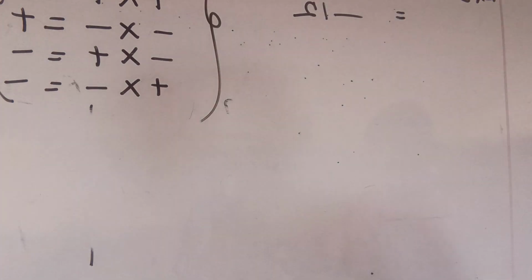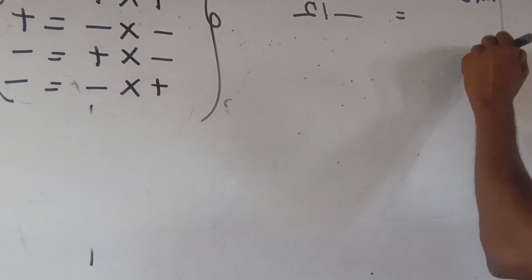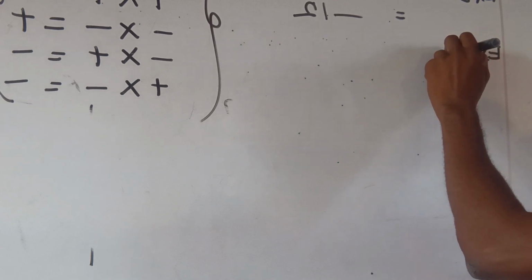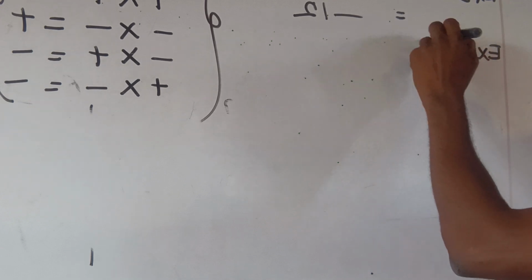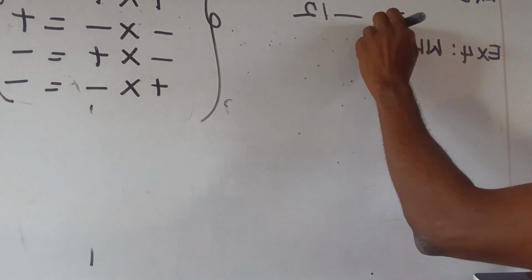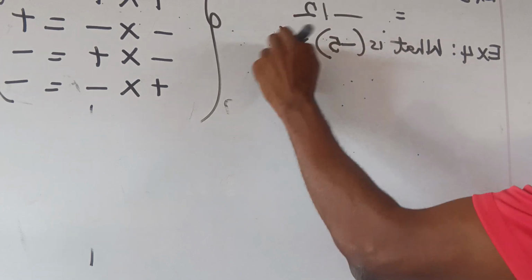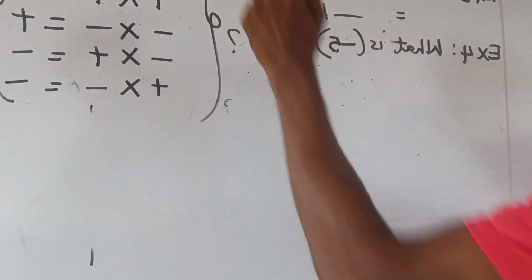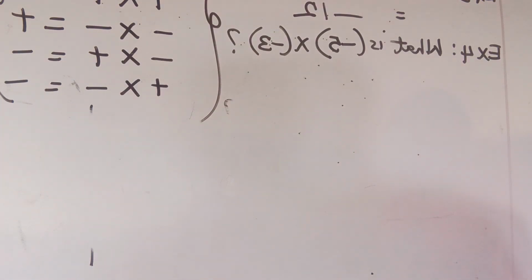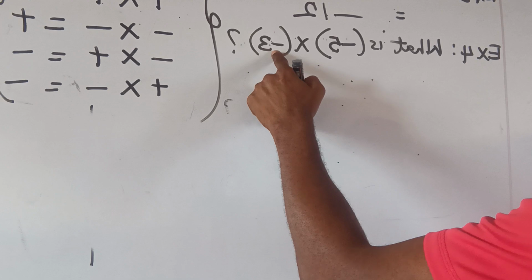Then the next example, example 4. Example 4 says, what is minus 5 multiplied by minus 3? Still the same approach. Minus times minus.